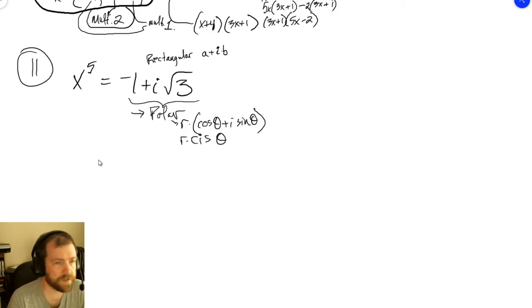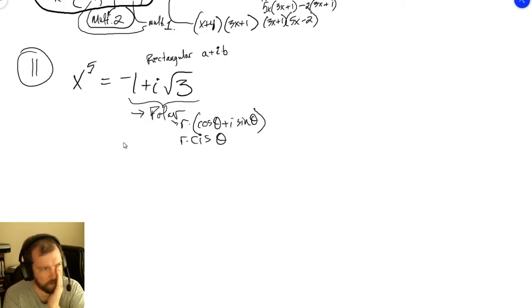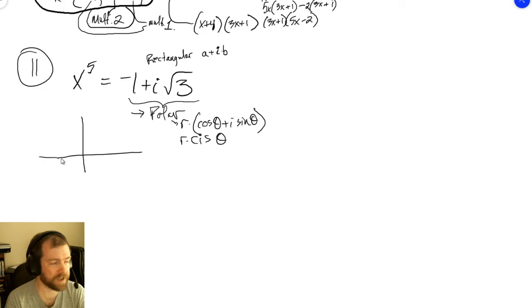So how do we do this? We'll figure out where this is first. So in terms of rectangular coordinates, we have -1 as our x direction, our real values, which again is termed excessively poorly, but nonetheless.